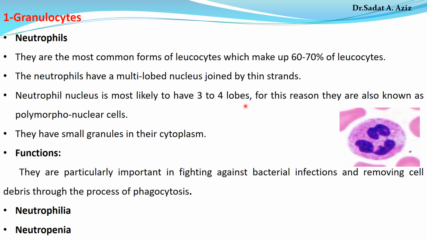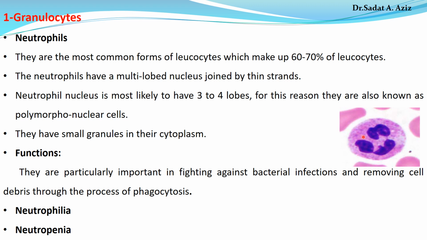Another property of the neutrophil is it has small granules in its cytoplasm, in comparison to the other cells, which I will explain later one by one. So what is the function of neutrophil?